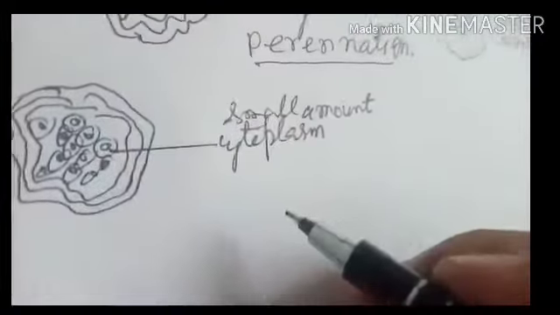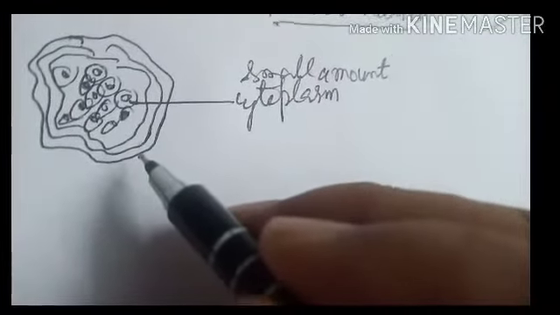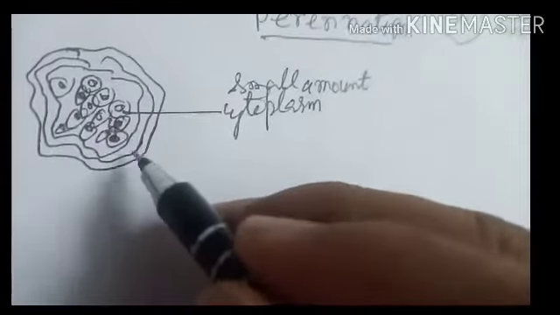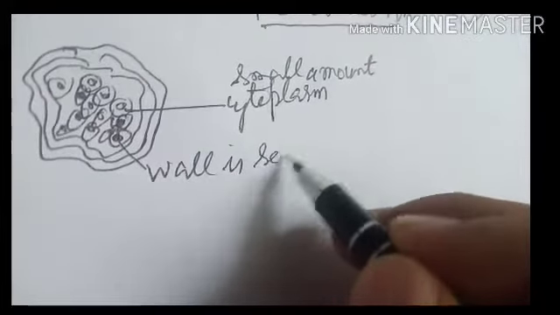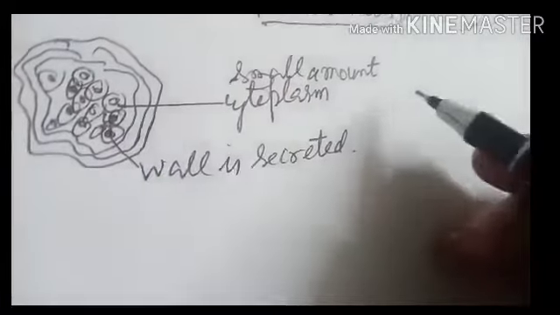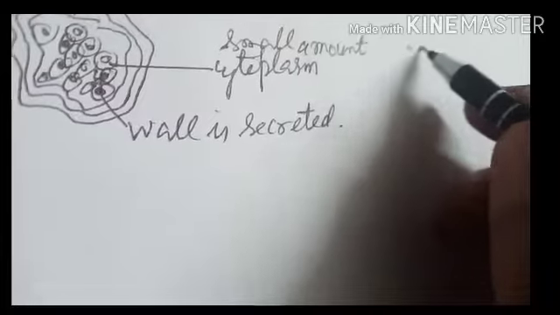The cytoplasm surrounds each nucleus, and then a wall is secreted. The wall is secreted by each structure, and these structures are now called spores.